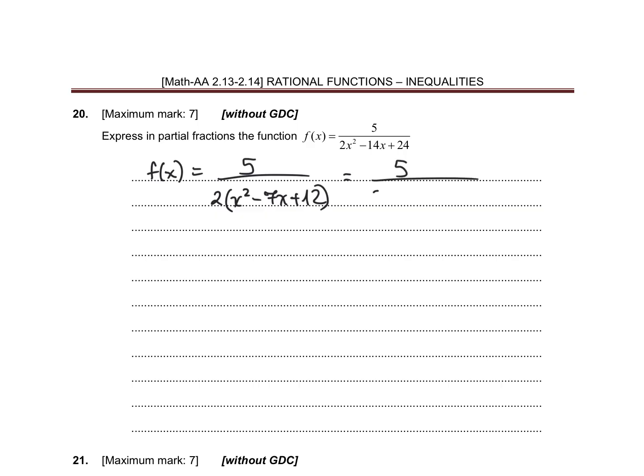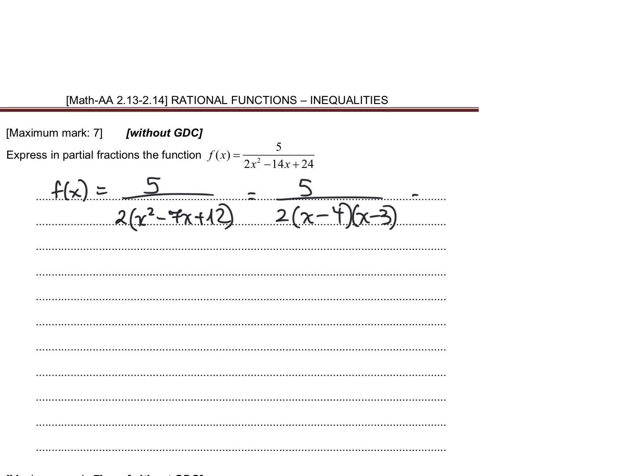And then this is going to be x minus 4, x minus 3. So now I am going to write this as 5 over 2, x minus 4, x minus 3.